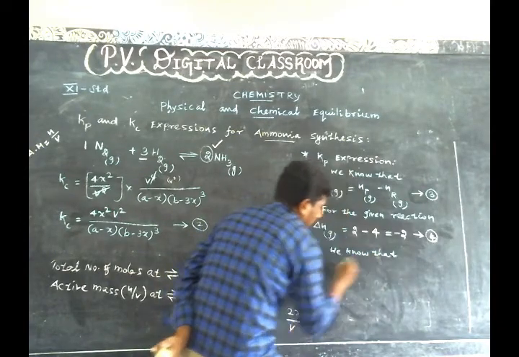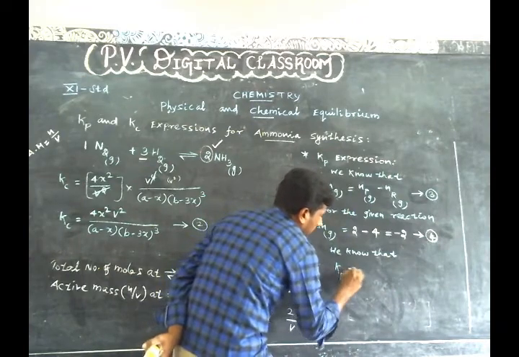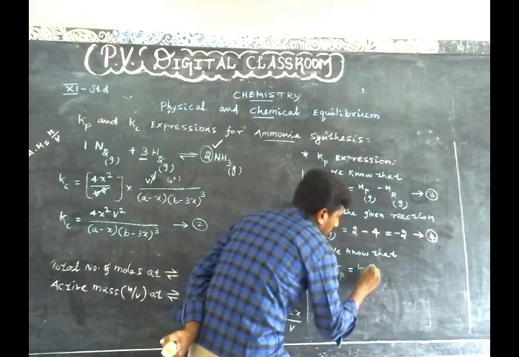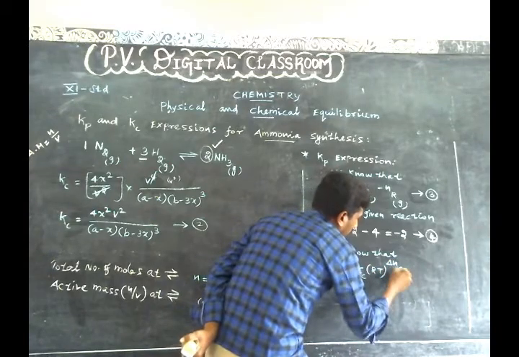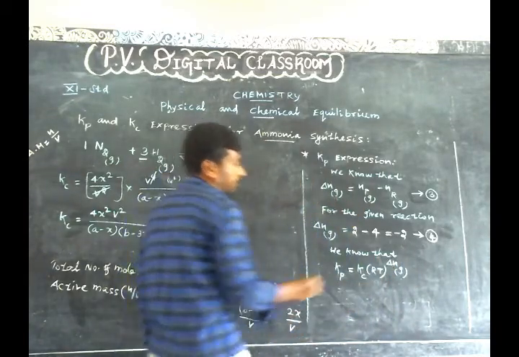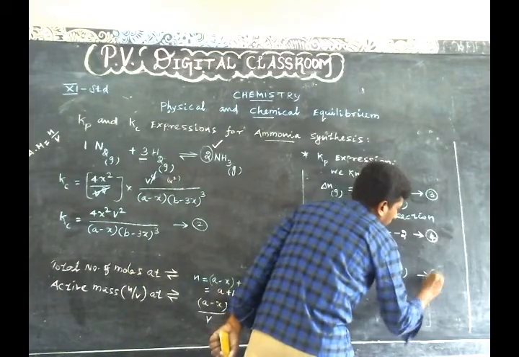We know that Kp is equal to Kc into RT whole to the power delta Ng. So this is equation number 5.